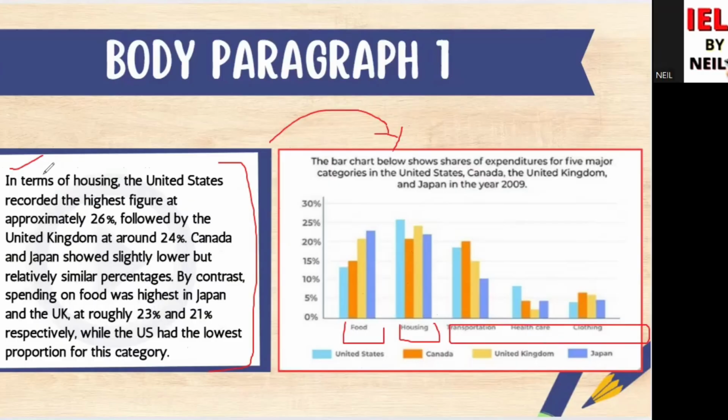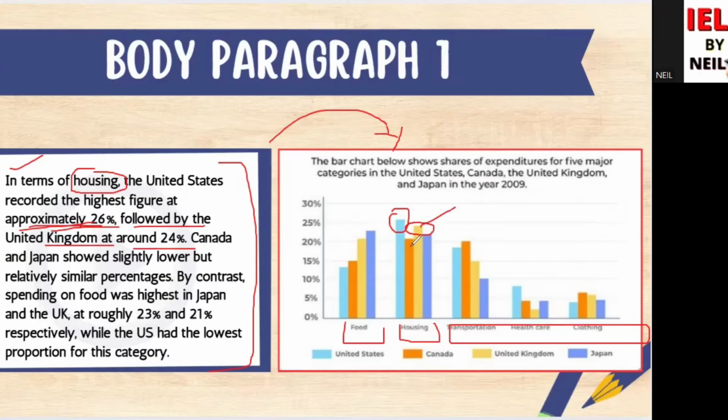In terms of housing, okay, this is the category. The United States recorded the highest figure at approximately 26%. Here you go. Why I've used approximately, because I'm not sure whether it's 26, 26.5, 25.5. It's slightly above 25, right? So I've just said approximately 26, followed by the United Kingdom at around 24. Now here, this is the United Kingdom.